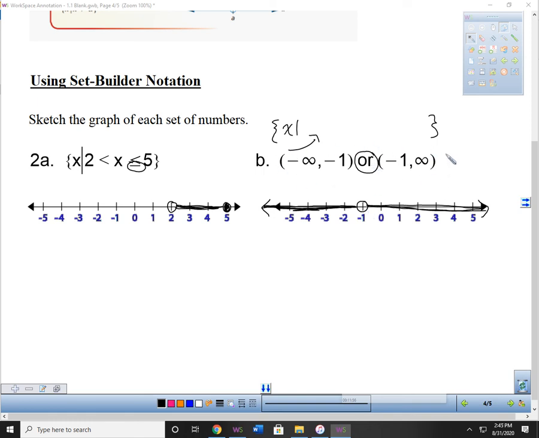Instead of saying it like this, I could have written it as all x values such that x cannot be that one number, and that one number is -1.